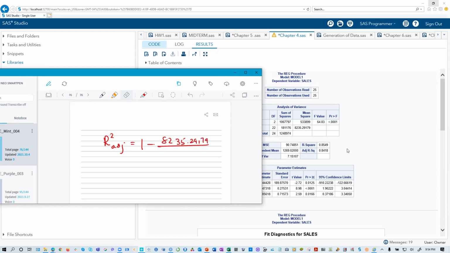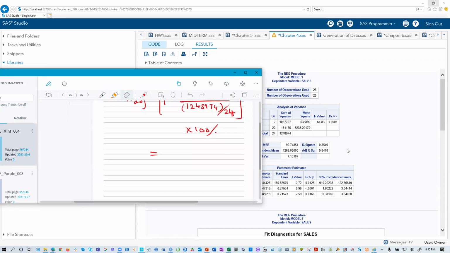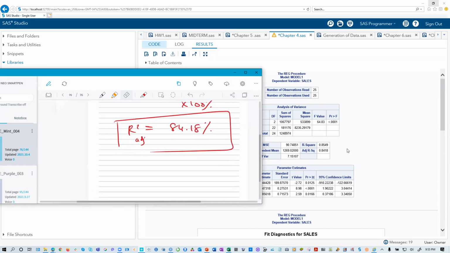I can get MST this way: SST 124,8974 divided by its degrees of freedom. And this whole thing times 100%, we don't calculate it. It's being calculated for us. They say 84.18 is the R square adjusted. Actually, we look into the R square adjusted at the end of it. See?